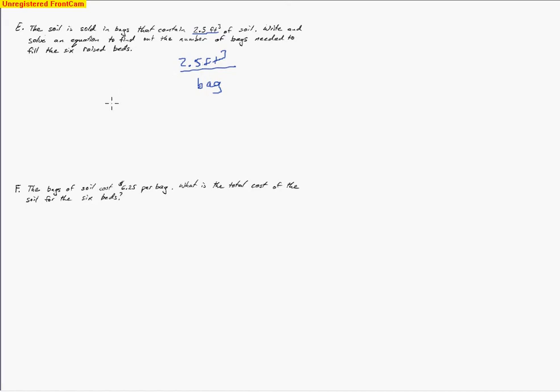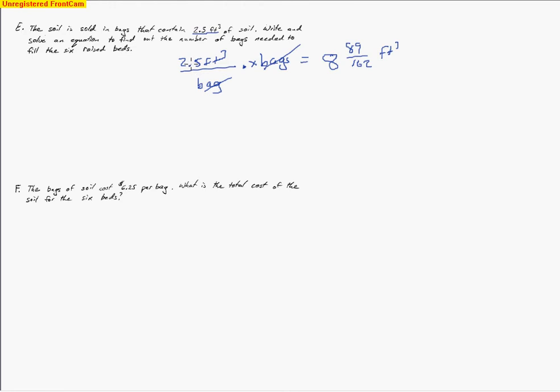And if we want to know an unknown number of bags, so we don't know this number of bags, it is going to end up equaling our total volume that we have, which was 8 and 89 over 162. This would be our equation, because you see the bags will cancel, and we'll divide by the cubic feet, and those will cancel, and we'll have our answer.